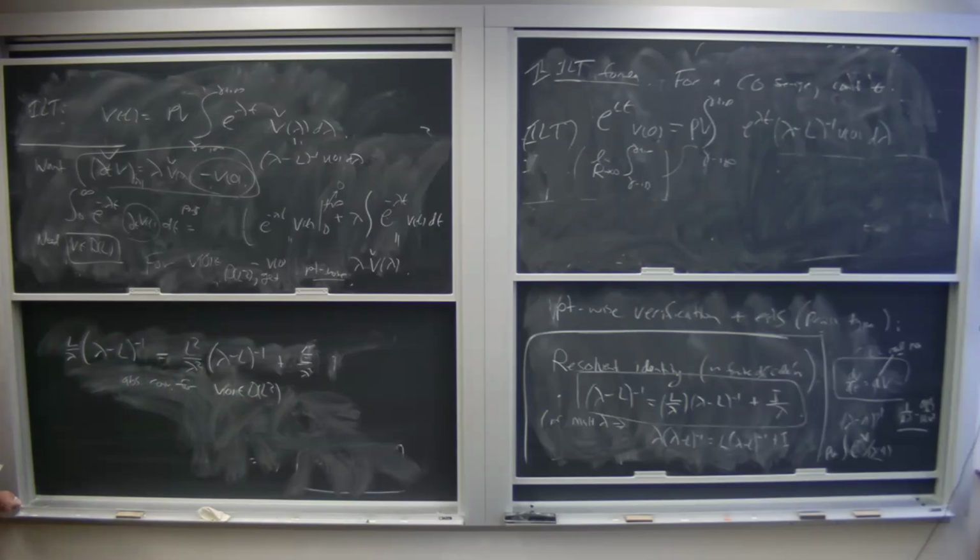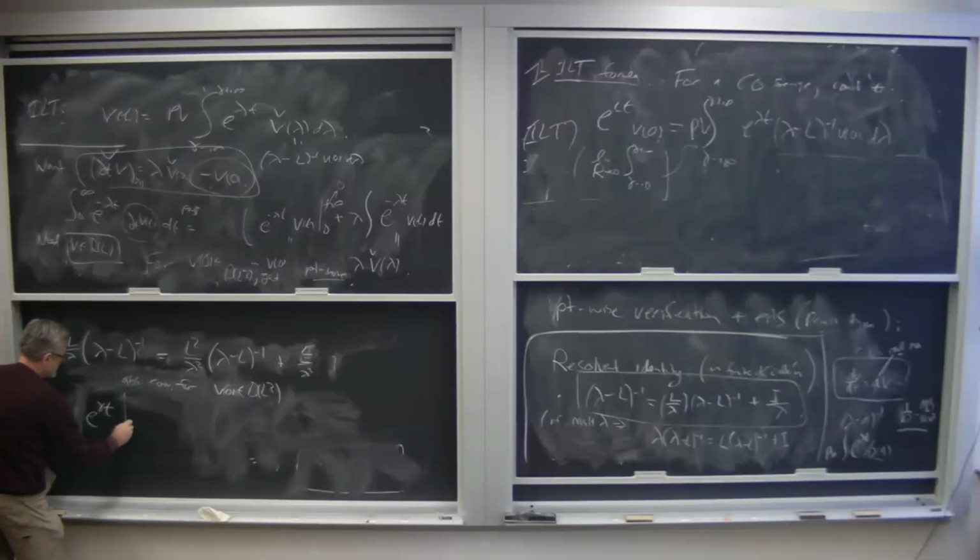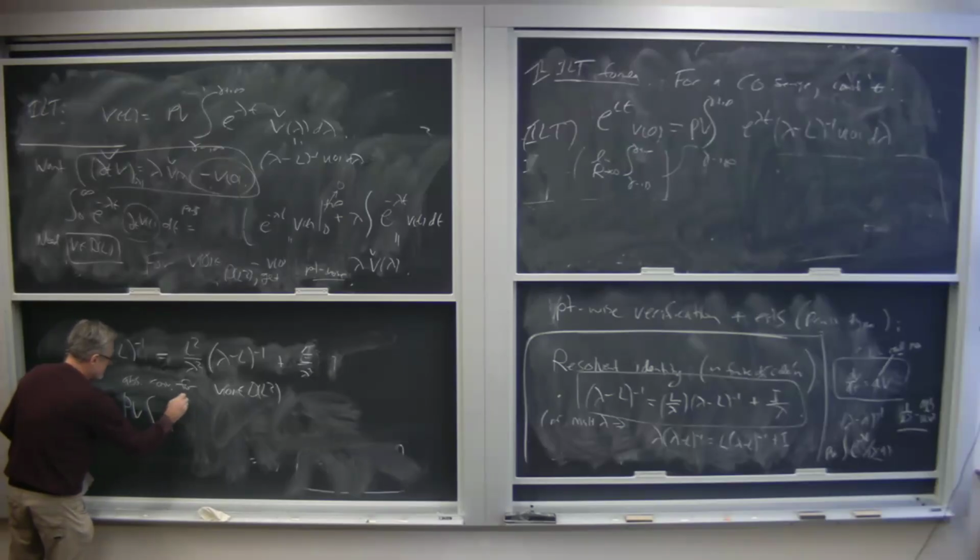So we'll write it in 3 pieces. The integral, I'll leave, okay, I'm going to pull out e to the gamma t. And then I have the principal value integral d lambda of 3 pieces.